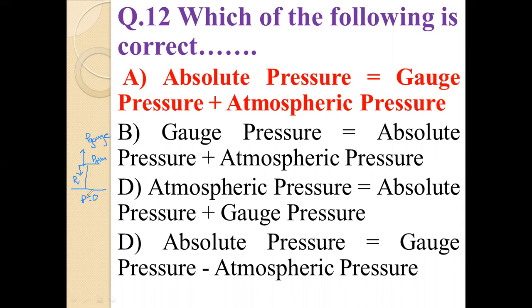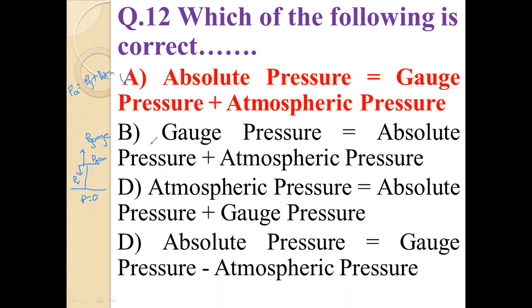See, now the relations are given here. Option A: absolute pressure, P absolute, is equal to gauge pressure, P gauge, plus P atmospheric. This is the correct one.